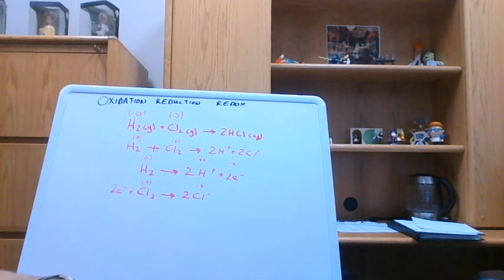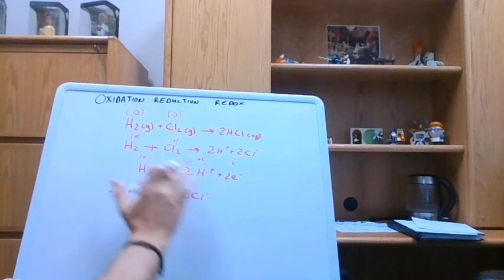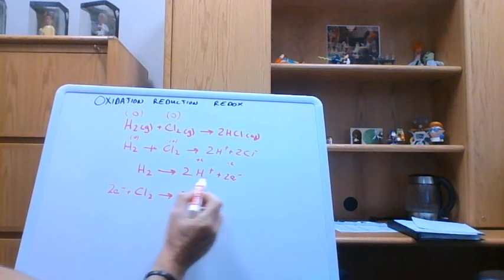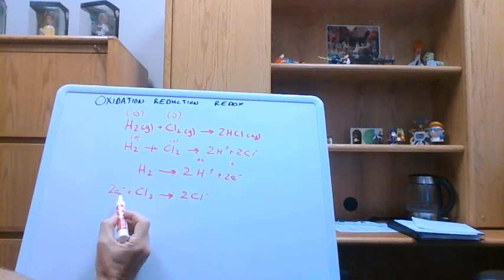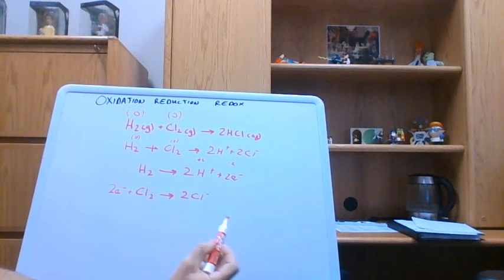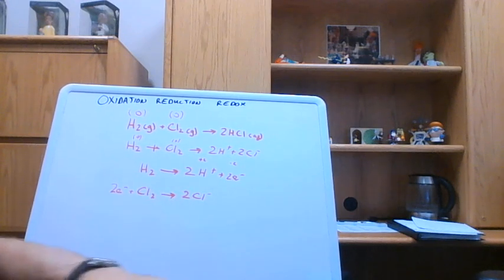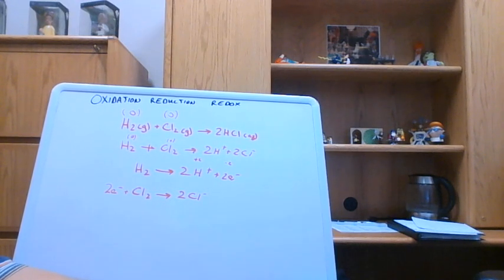So we're not always balancing both sides of the half reaction to 0, we're balancing it so the charge is balanced. Hydrogen is losing electrons, so this is your oxidation. Chlorine is gaining, so this is your reduction. So it's something a little different there. We weren't balancing to 0, we were balancing just the charge itself.